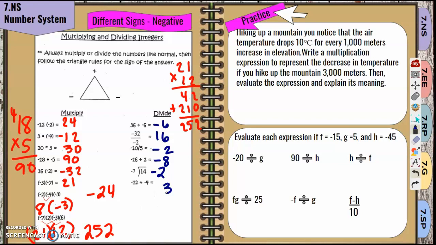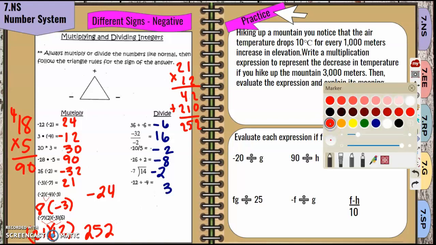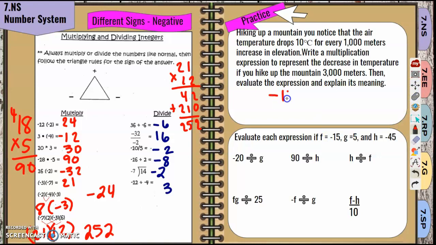Hiking up a mountain, you notice that the air temperature drops 10 degrees Celsius for every 1,000 meters increase in elevation. Write a multiplication expression to represent the decrease in temperature if you hike up the mountain 3,000 meters. Then evaluate the expression and explain its meaning. So it's dropping 10 degrees. That's negative 10 for every 1,000 meters.